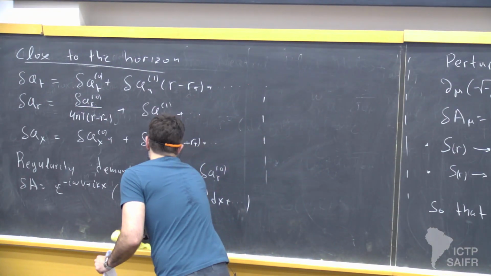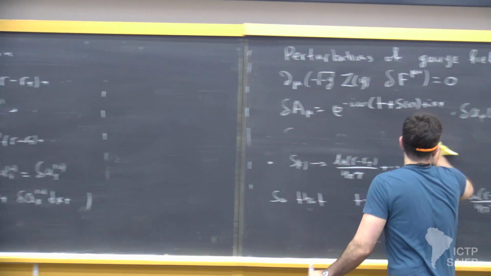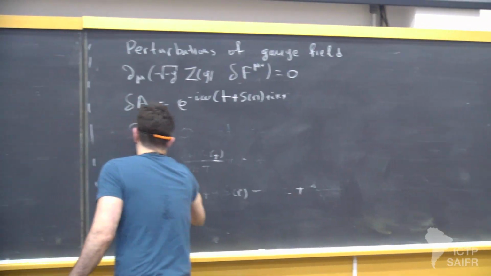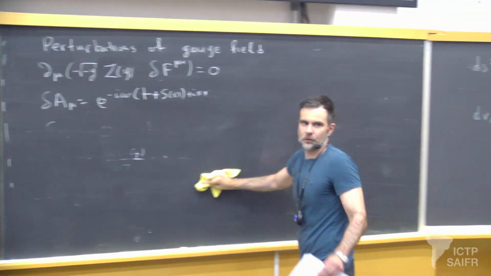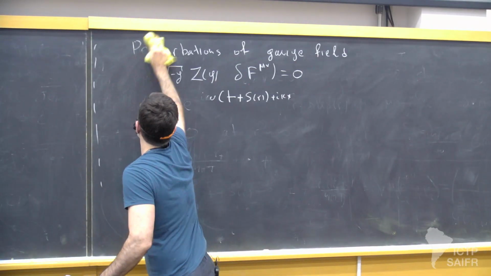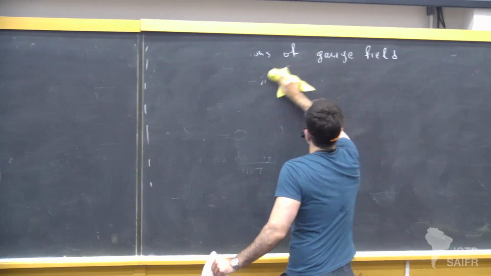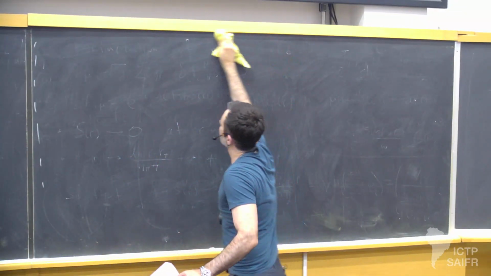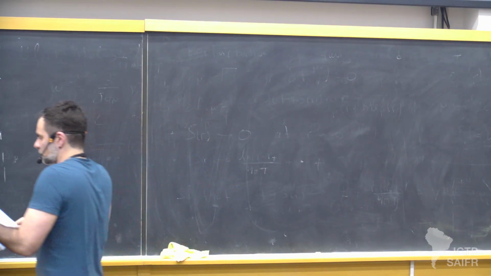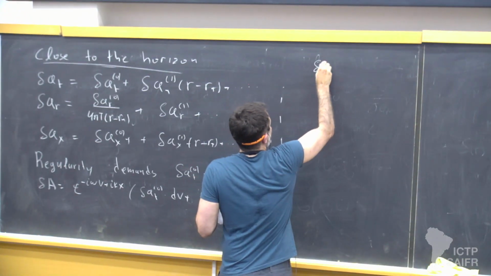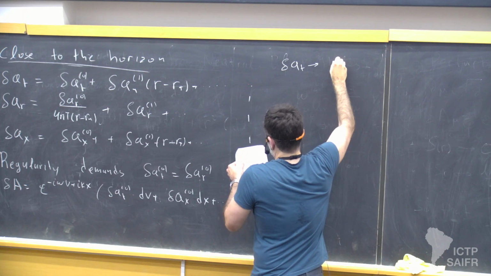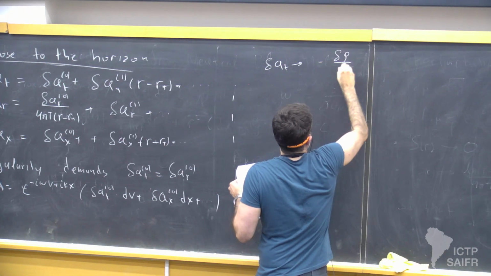Now, from the boundary point of view, I want to examine a perturbation that has no source, okay? When we did hydrodynamics, we didn't have any sources. We just looked at how a mode decays, basically. How a classical mode decays. So from the boundary point of view, whatever delta A t will be, it will have to go like minus delta rho over r.